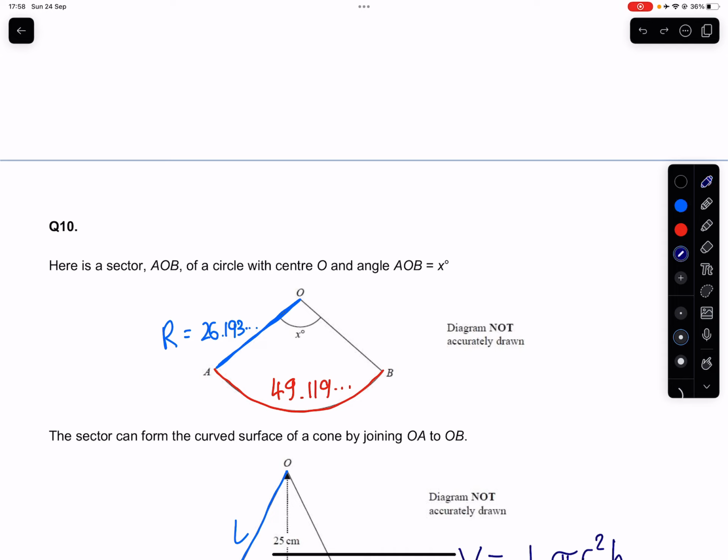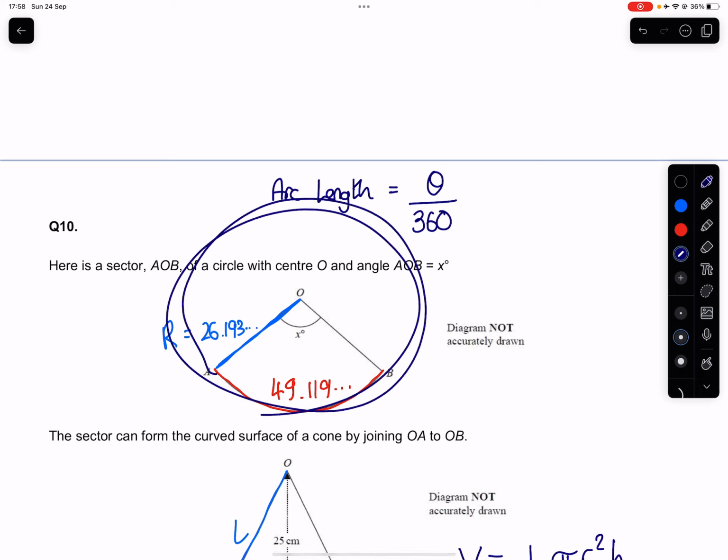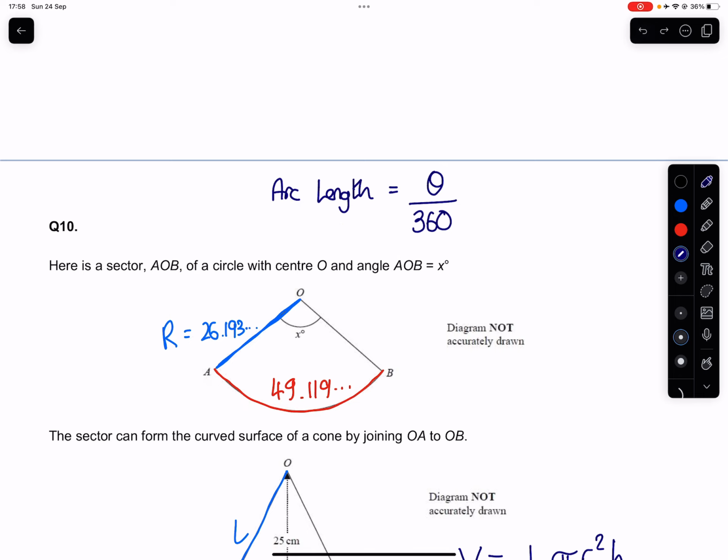So cast your minds back to when you were dealing with arc lengths. Finding the length of an arc from a sector was done by taking whatever angle you were given in the sector, writing it out of 360, in other words, to figure out what fraction of the total circle you had, and then multiplying that by the actual circumference itself, which would be 2 pi r in this case.